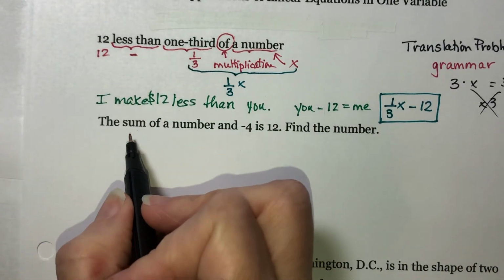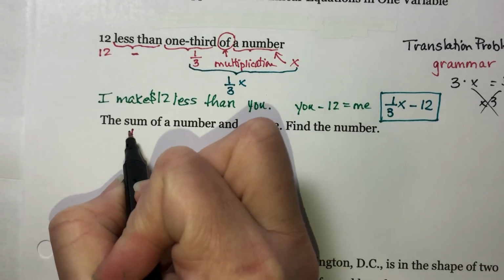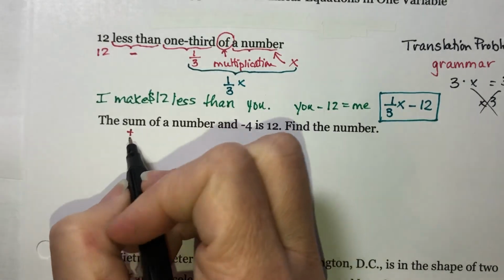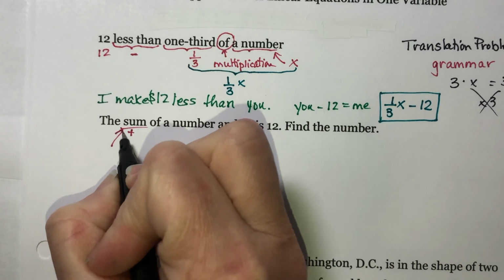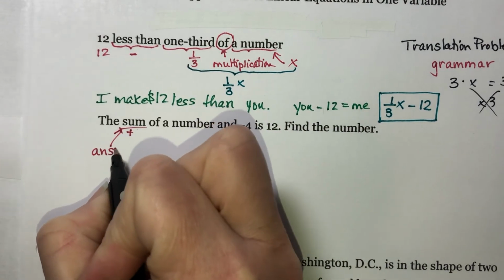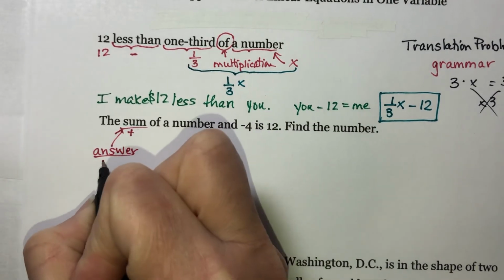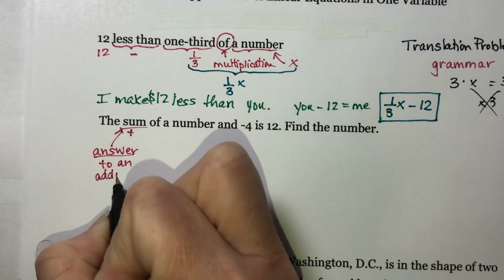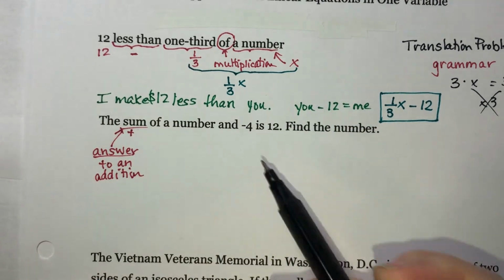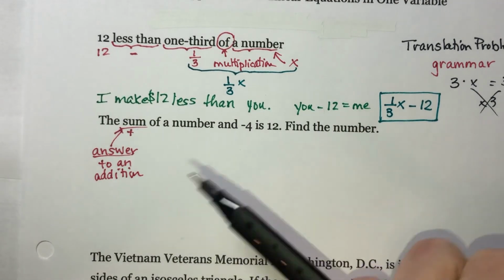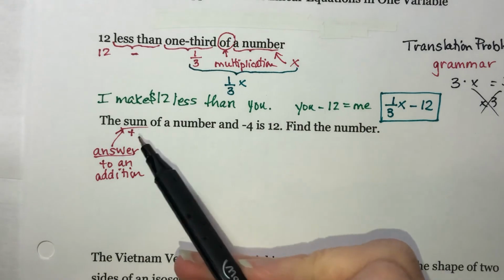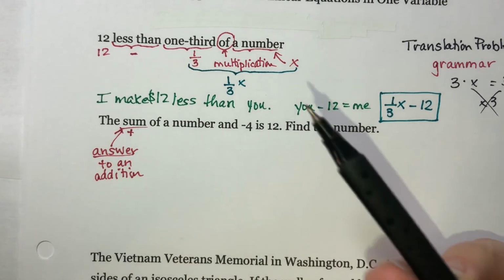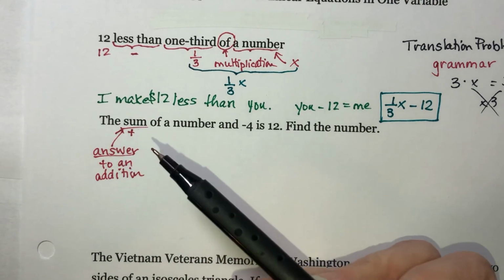The sum. Sum is addition, but it's actually a little bit more than addition. Sum is the answer to an addition. And the reason that's important is depending on the type of problem, we may need to end up putting something in parentheses, so we do the addition first. So sum tells you find that answer.